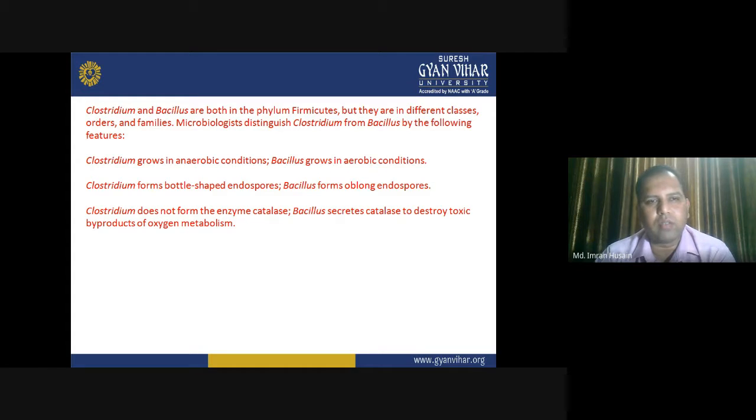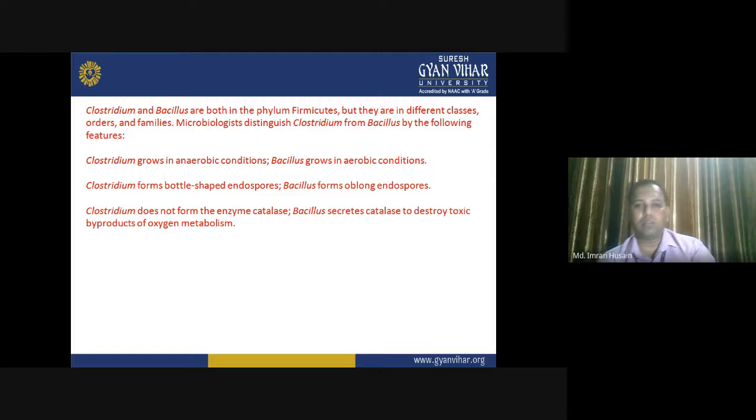Clostridium grows in anaerobic conditions, so oxygen is extremely lethal for it. Bacillus grows in aerobic conditions. For the growth of Bacillus bacteria, oxygen is extremely essential.